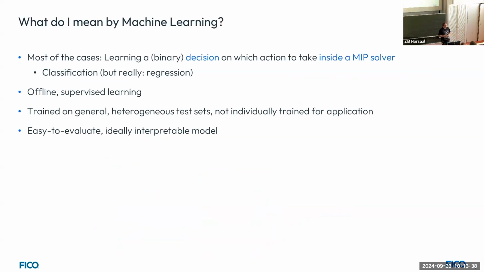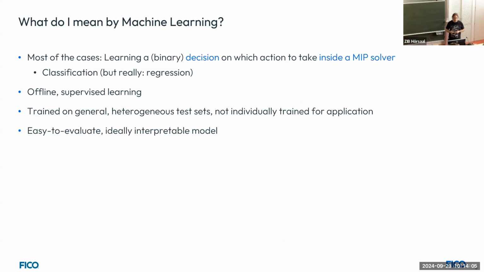And finally, what do I mean by machine learning here? In most of the cases, I will be focusing on learning a binary decision on which action to take inside the solver. Choose between 2 different variants of a certain algorithm. This is essentially what, in most cases, not in all 4, we'll be looking at. So you might say, okay, easy, that's a classification that you're talking about.